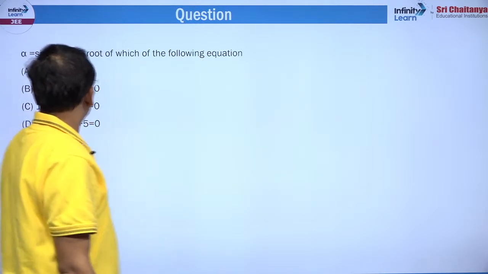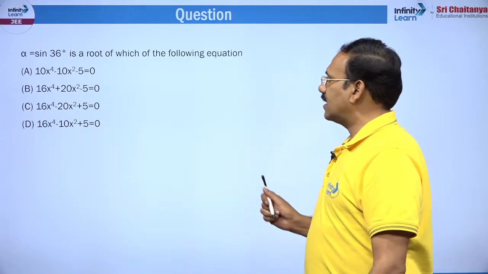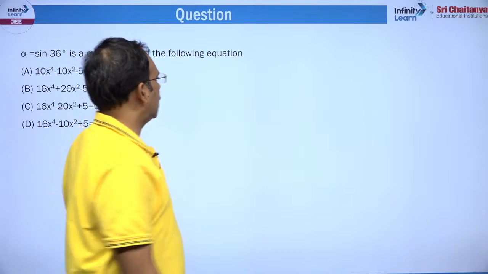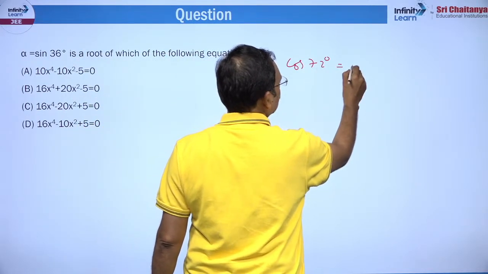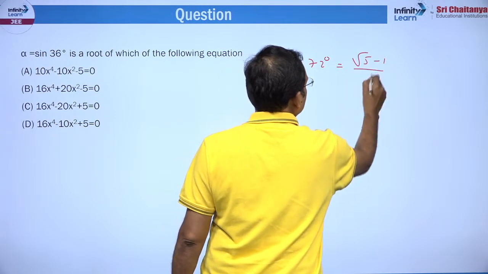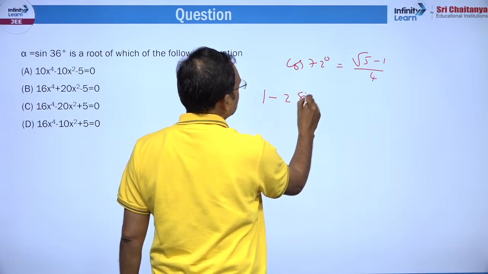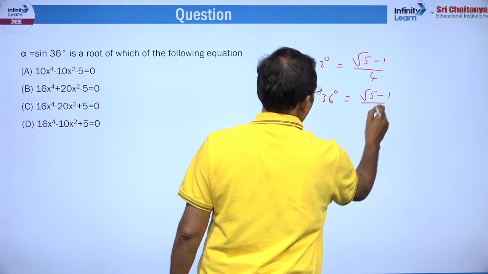The next one, you see, this same question is given in the 24th morning paper. sin 36 degrees is given. This is the root of which equation, he said. So, friends, you just consider cos 72 degrees, you know, sin 18 is root 5 minus 1 by 4. Cos 72 means 1 minus 2 sin square 36 degrees is equal to root 5 minus 1 by 4.